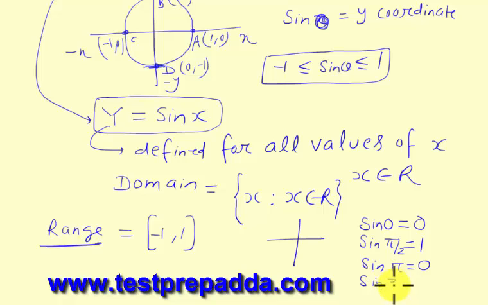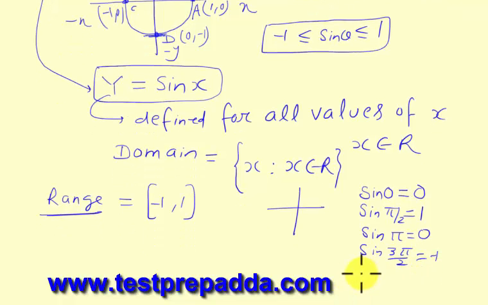Sine 3 pi by 2 is minus 1. And then sine 2 pi is 0. So you can see the value is repeating after 2 pi.